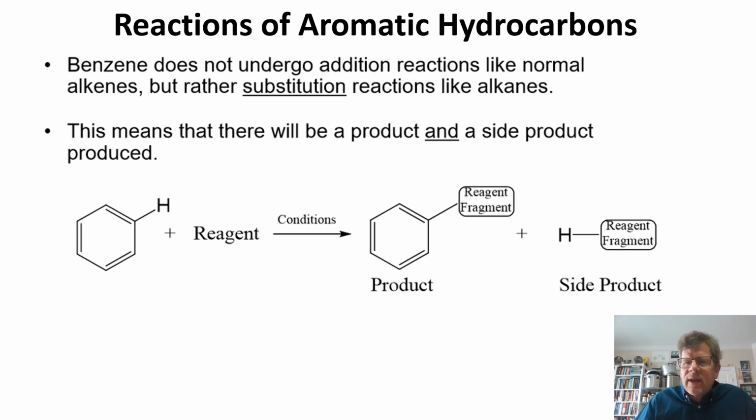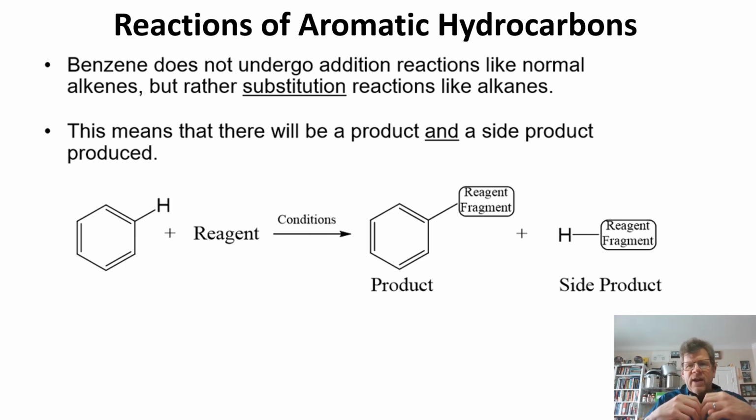But that doesn't work in the case of an aromatic ring, because those double bonds, remember, are zipping around the ring in this resonance, so they can never be pinned down to react with the reagent in an addition fashion. In fact, benzene and aromatic rings undergo substitution reactions like alkanes did.